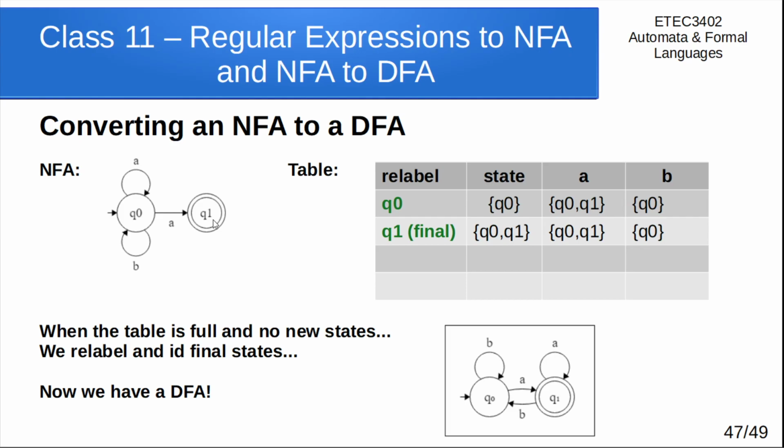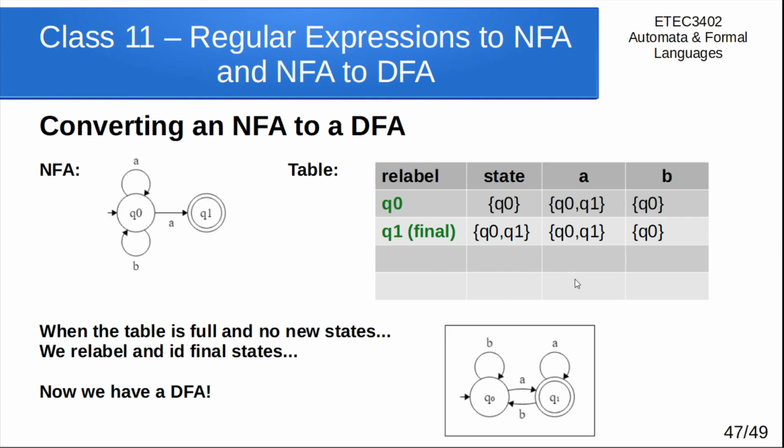And the limit of that is the power set of the number of states. Since the NFA has a finite number of states, the power set is going to have a finite number. So the number of possible states in our DFA is bounded by the power set of the states in the NFA. This one came out to be smaller than that, but there might be some that are bigger, but they have to be finite. The process will not go on forever.